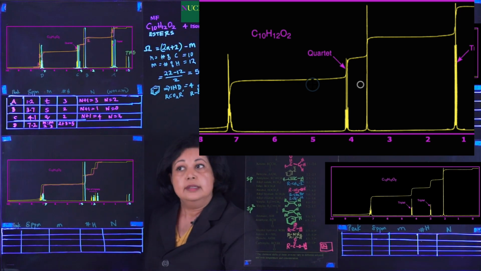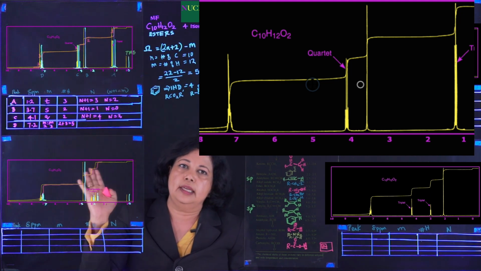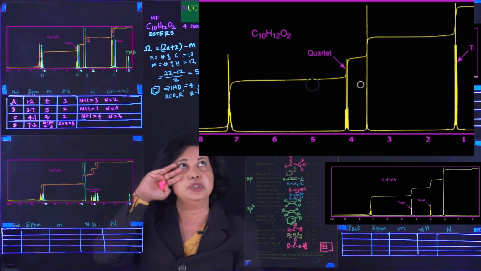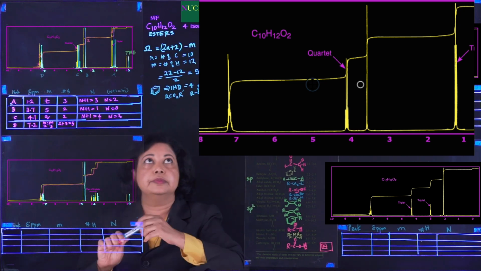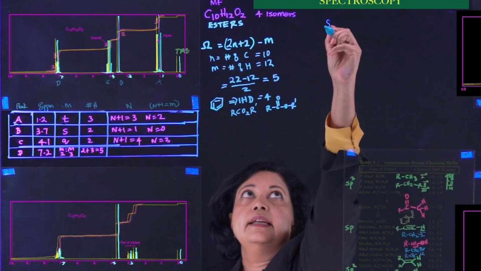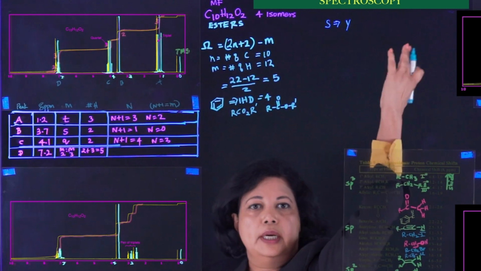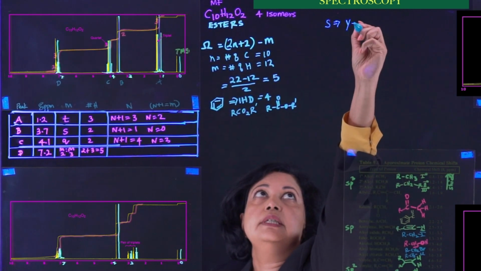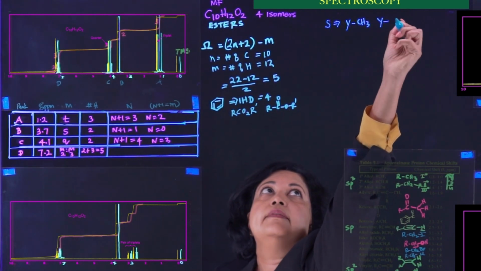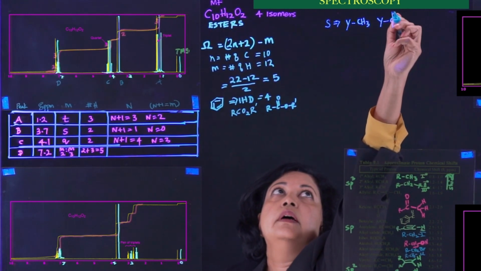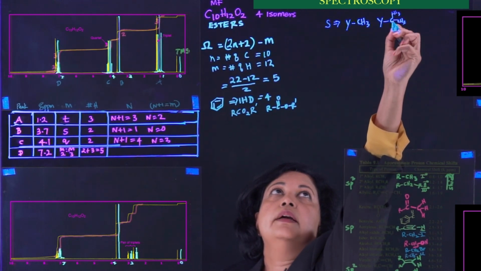All right, so let's look at this. Do you see any patterns? That's what we need to check for. If you have a singlet, that means you could have a group that doesn't have neighboring hydrogens, a CH3, or you could have a tert-butyl group, 9 hydrogens that have no neighboring hydrogen.